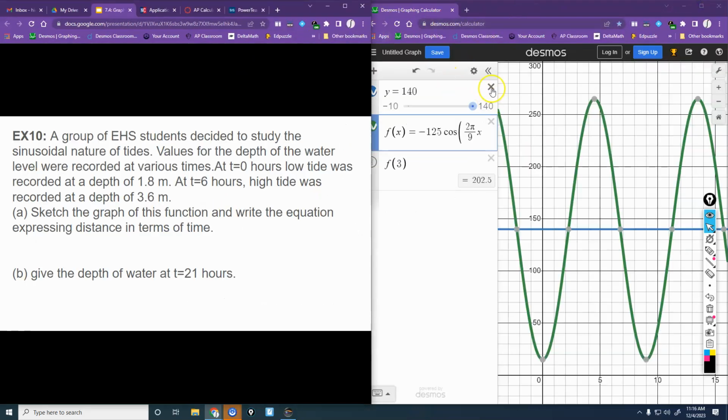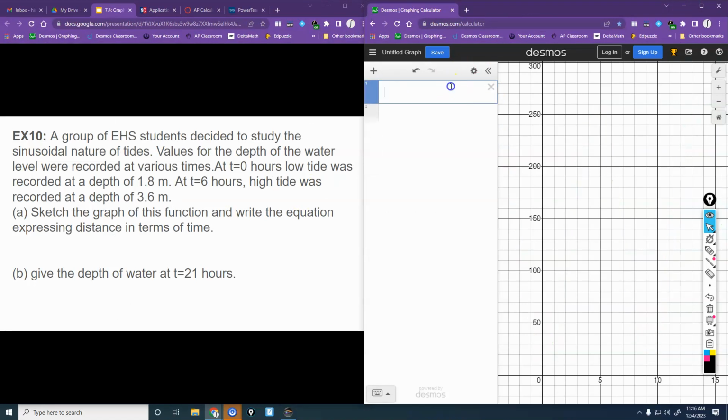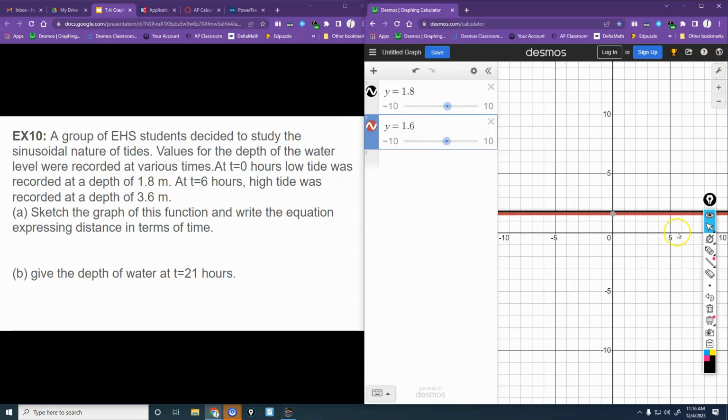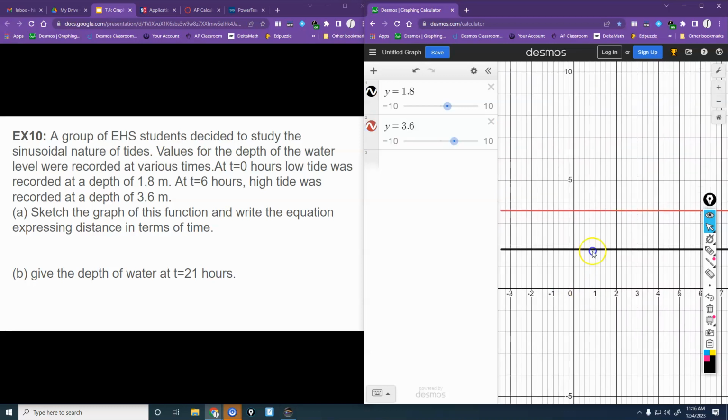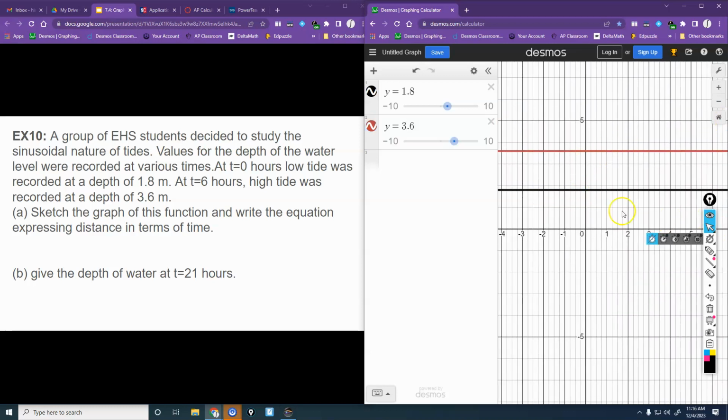Okay. All right. So I'm going to type in y equals 1.8. Y equals 3.6, I'm sorry, that should be a 3.6. I want my graph to go between these two.